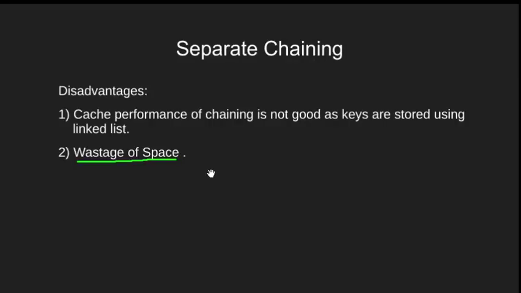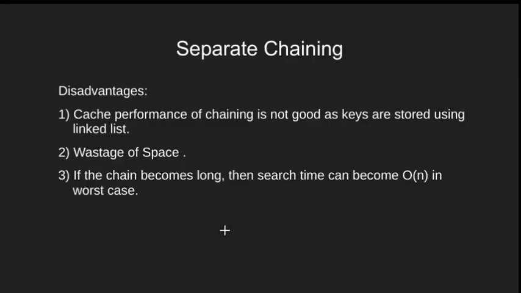Another disadvantage is that if a majority of keys hash to the same values, then the linked list grows and the access time becomes big O of n in the worst case. The last disadvantage is that we have to waste extra memory to save the link addresses.